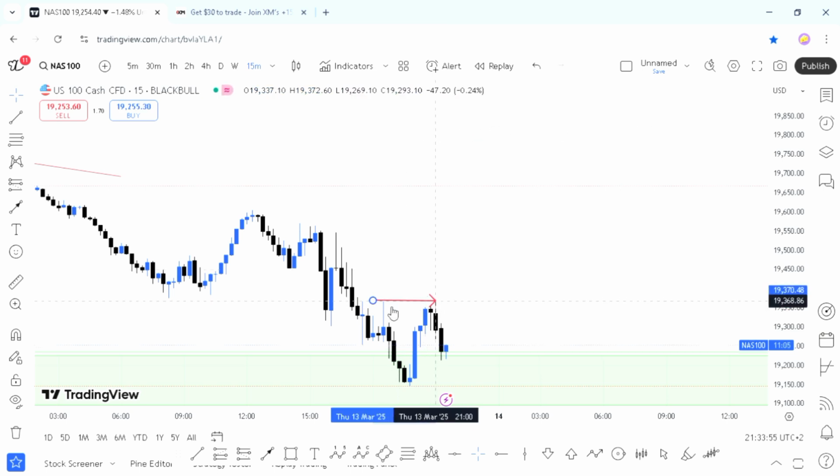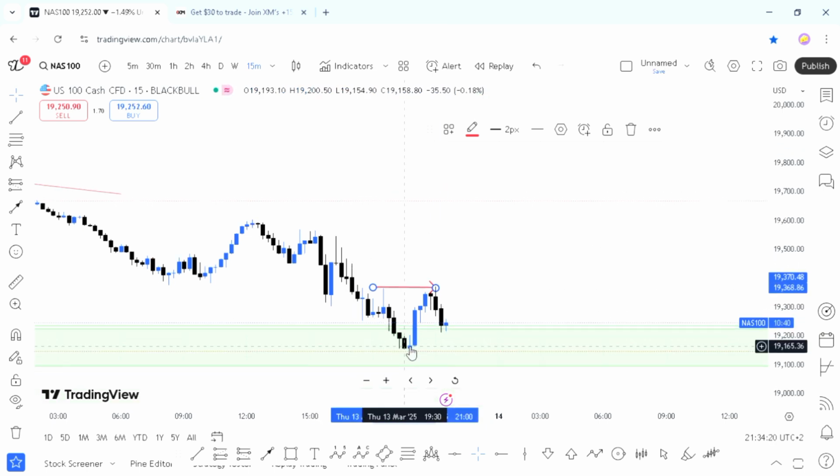As you can see, right over here we couldn't actually take that high out. We're having an equal lower high over there. But one thing to consider is that on the 15 minutes we couldn't pass that lower high which we had, and then the market pulled back.